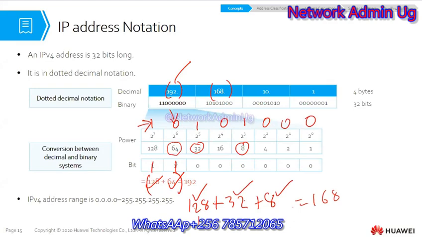Therefore, we turn on the place values where 128, 32, and 8 are, and we turn off the rest. If we want 10, 10 is greater than 8, so we need 8 plus 2. We turn on 8 and 2, and turn off the rest of the bits.